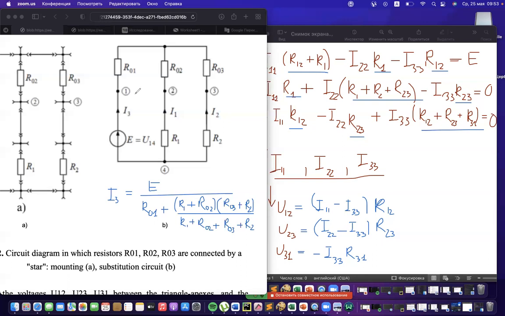After you find I3, with the same idea you could find I1 and I2, and you could find voltages between these points just using currents. For example, I3 on R01 minus I1 on R02. The second circuit is much easier.